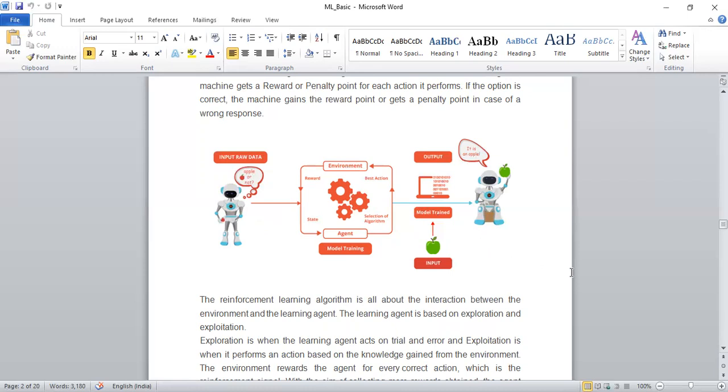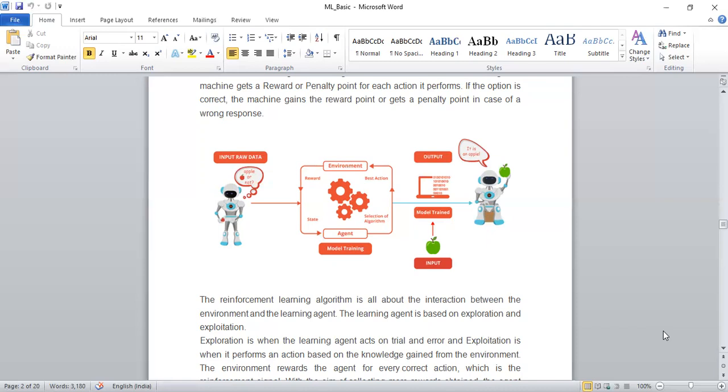So the reinforcement learning algorithm is all about the interaction between the environment and the learning agent. The learning agent is based on exploration and exploitation.